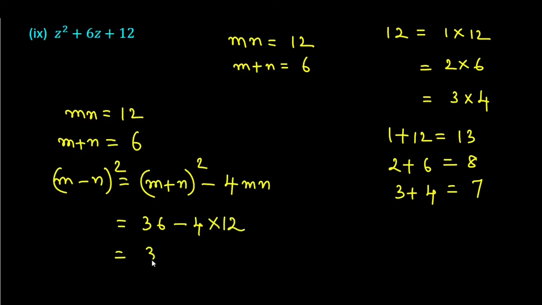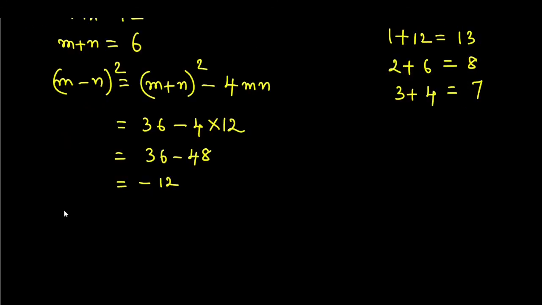This is 36 minus 48, so this is minus 12. So m minus n can be written as plus or minus square root of minus 12.